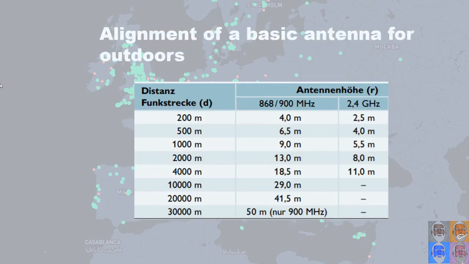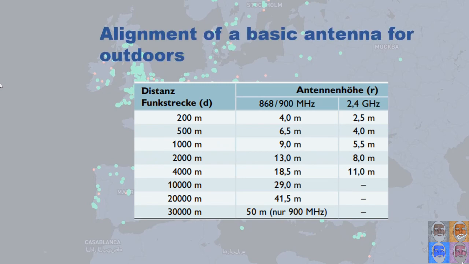So, a basic antenna for outdoors. That's actually basic. This is how it looks if you have a distance of 1000 feet, just a basic one. We're not speaking here about the LoRa antenna.